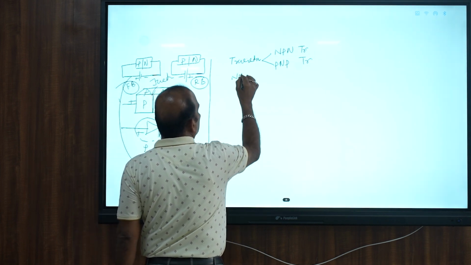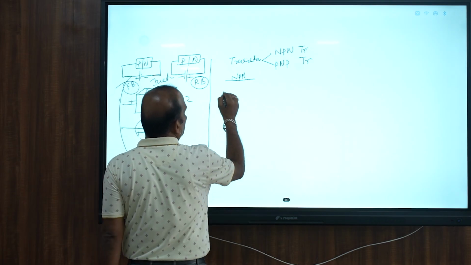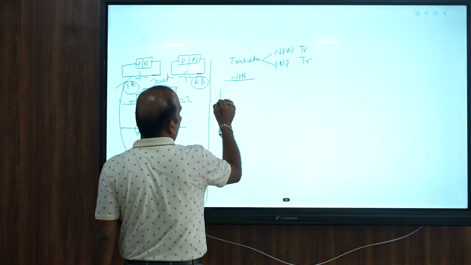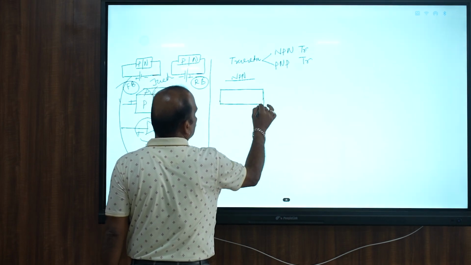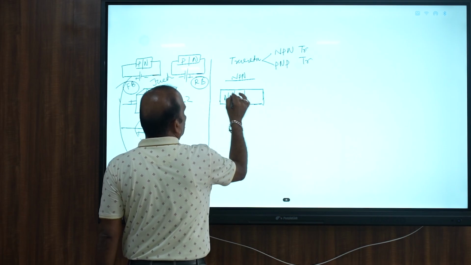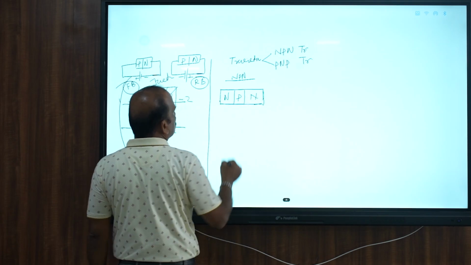Suppose I am taking the NPN transistor. If I draw its sectional diagram, this is your N side, this is your P side, this is your N. So this is your NPN transistor.